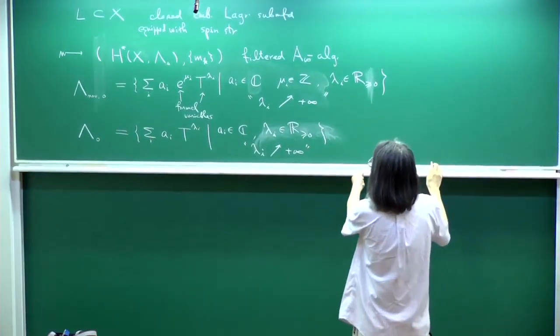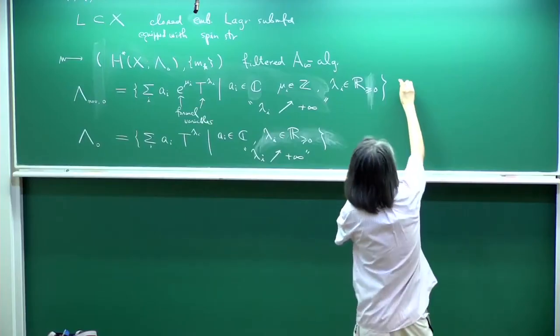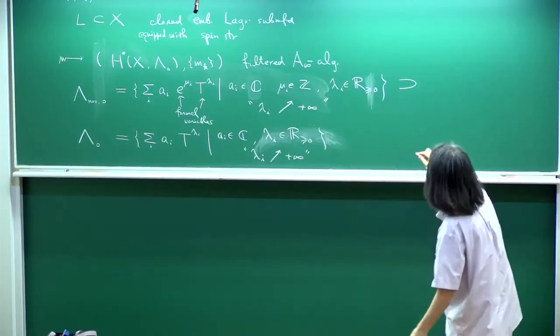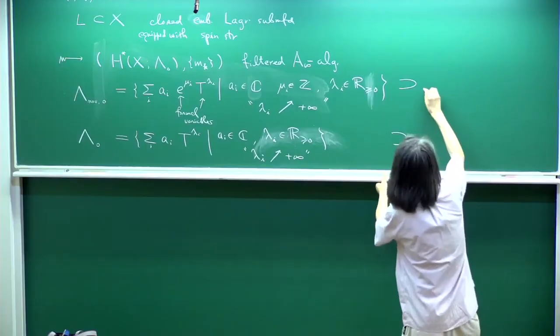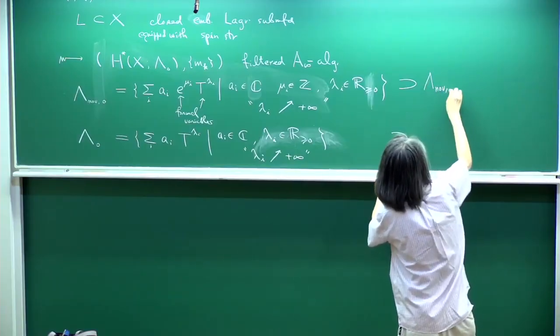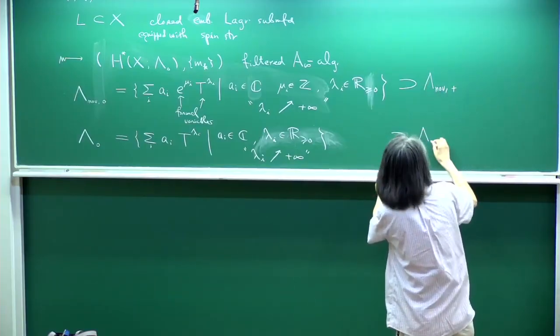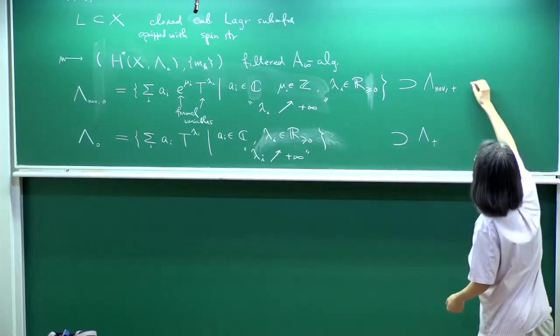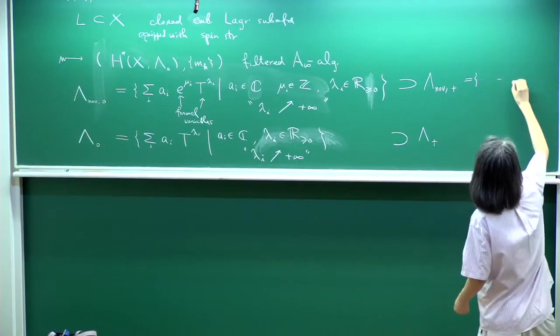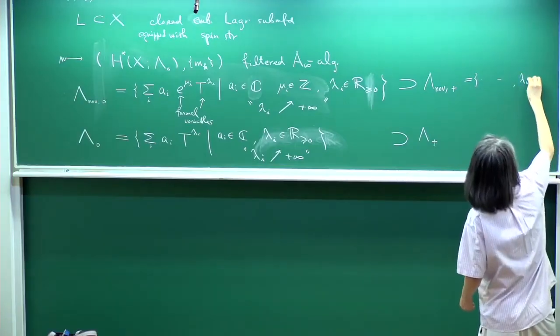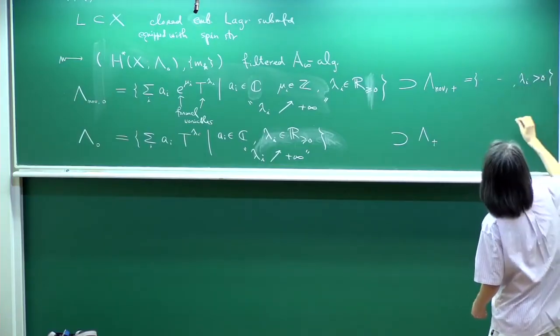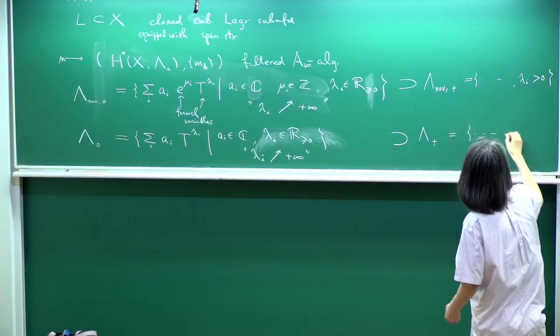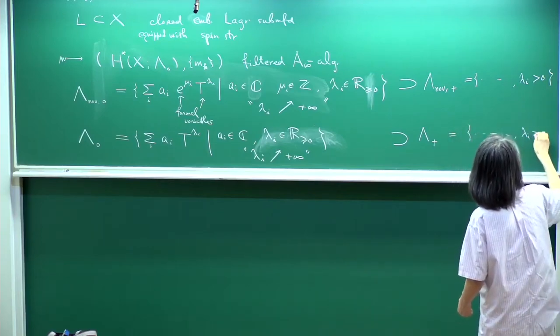And then this one contains Lambda_0 plus, or Lambda_+. It is the same thing, but lambda_i is strictly positive.